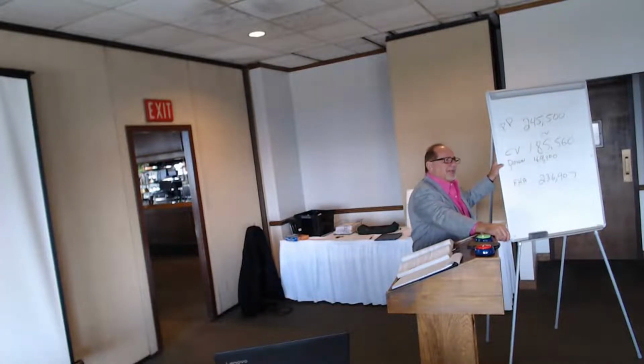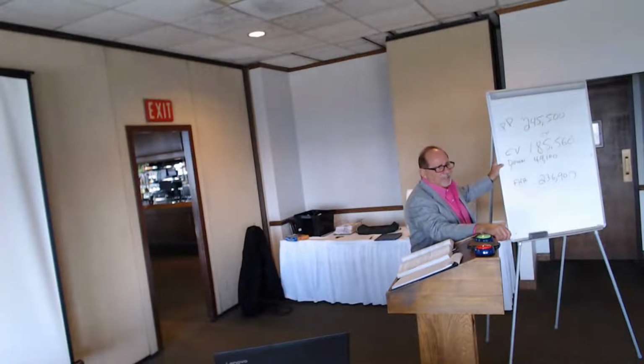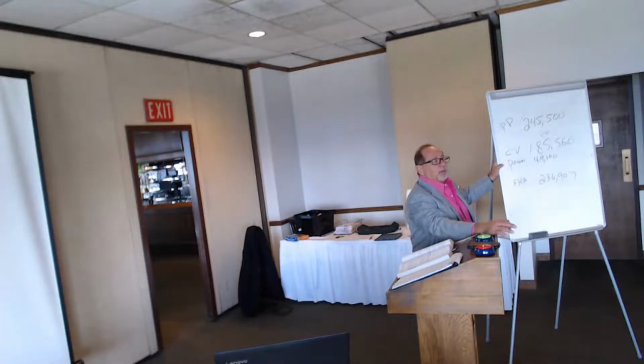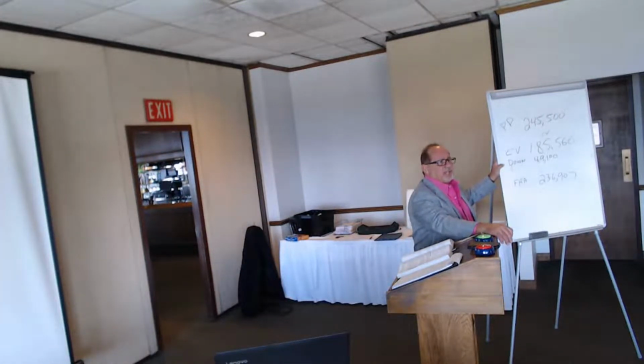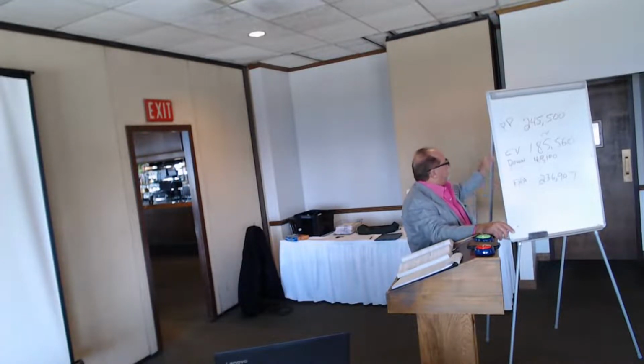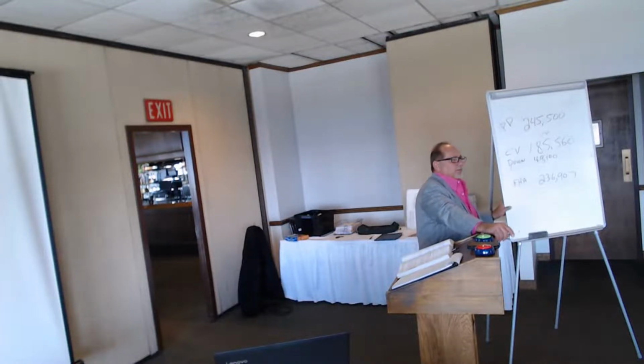We know that the maximum loan to value on conventional is what percent? 80, right? 80 and 20 make what? 100%. What's the maximum loan to value on an FHA loan? 96.5. So what would the down payment on an FHA loan be? 3.5. So how much would the down payment be on an FHA loan for a $245,500 property?